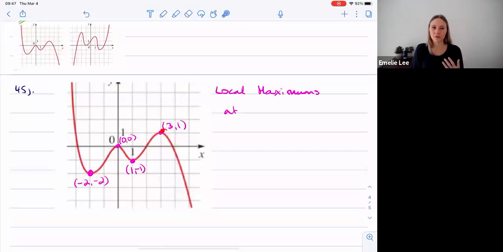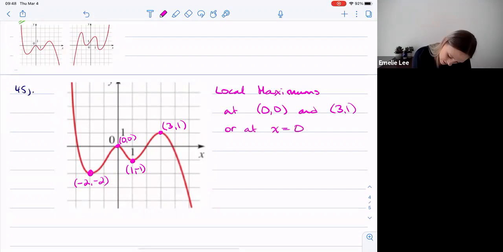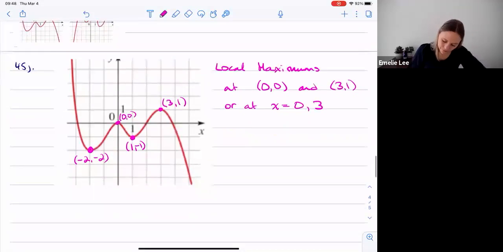Those would be local maximums at 0, 0 and 3, 1, or at x equals 0, 3. It just depends on how they want your answers, right? And they'll say as a comma separated list, which would be 0, 3, or as ordered pairs, which would be the full pair, 0, 0, and 3, 1, right?